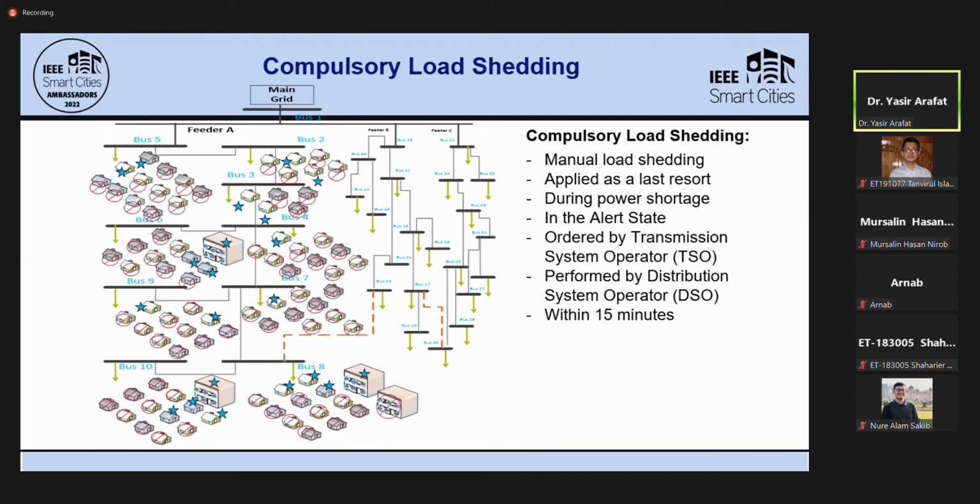We can disconnect those customers which are not categorized as important or socially important customers. We can disconnect them by using their smart meters, and we can see here, these prioritized customers still have the power supply. This is the unique opportunity that we get by using the switch of the smart meter.